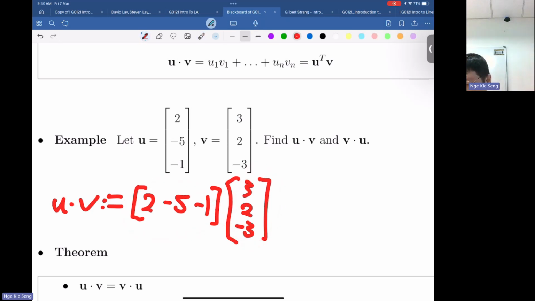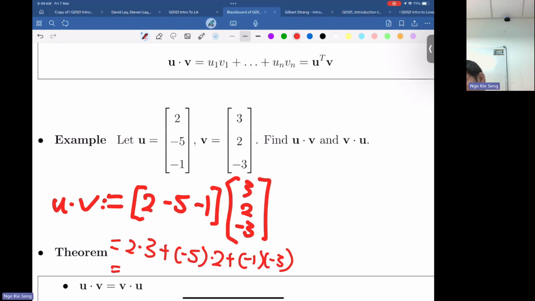Together we get 2 times 3 plus minus 5 times 2 plus minus 1 times... this is 6 minus 10 plus 4, which is 0. Did I copy something wrong? Sorry, this is plus 3. Okay, so we get this one.